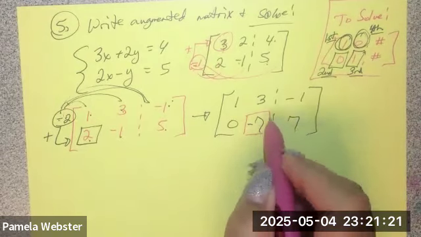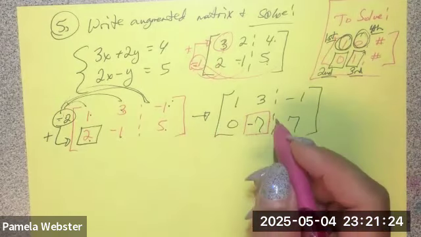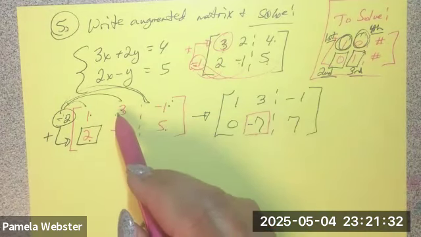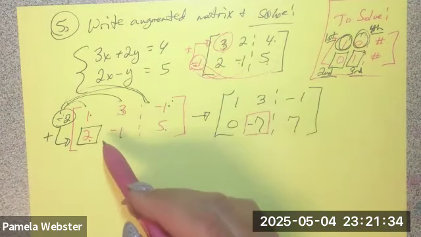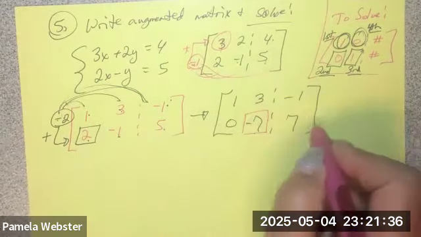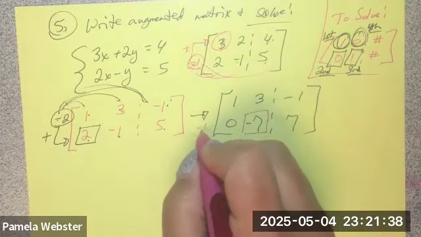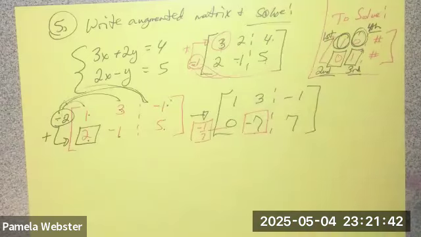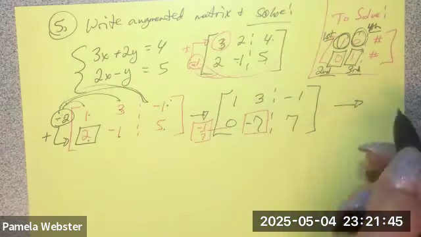I need a 1 here. So remembering that if I want a 1, normally I'm going to multiply through by something. If I want a 0, normally I'm going to multiply the other row by something and add it. Okay, normally that's what I do. So I want this guy to be a 1. I'm going to multiply him by -1/7 right here, just straight through on that bottom row. Not going to change the top row at all.